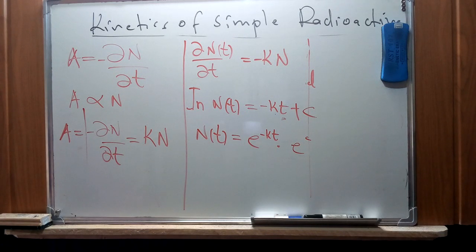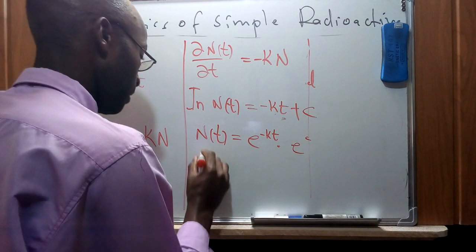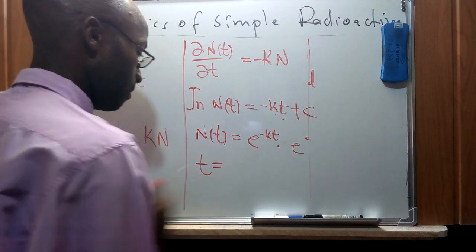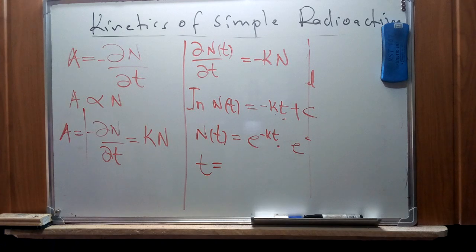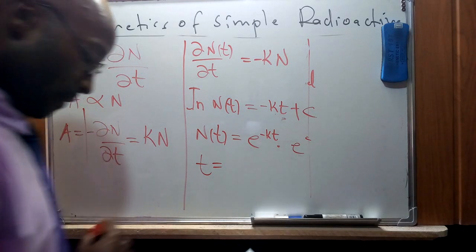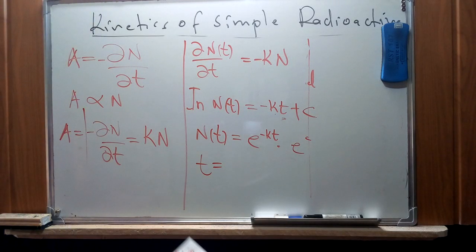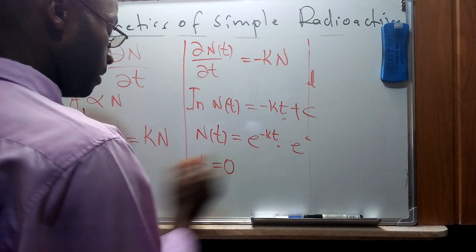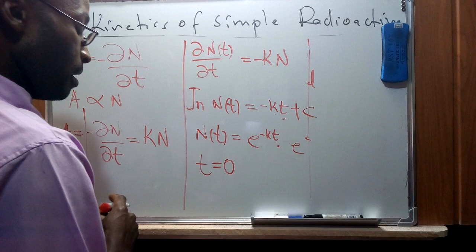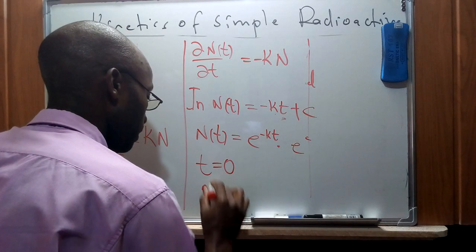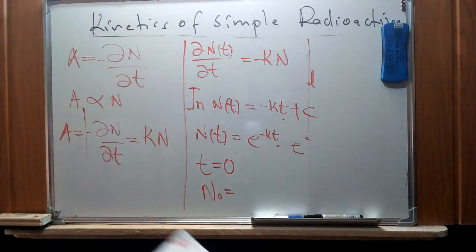So if the number of nuclei present at some original time is given, and at a particular time, let's say the time is 0, the number of nuclei can be given as n0.